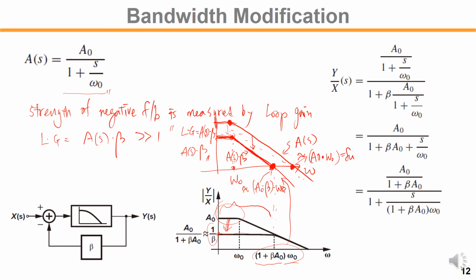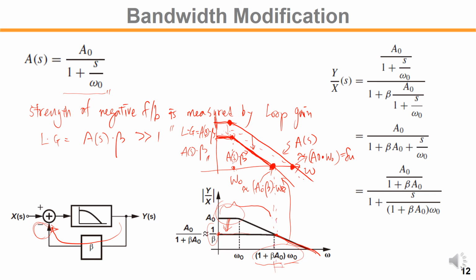This is something you have to understand: the frequency where the feedback becomes effective, right? Beyond that frequency, this critical point, the feedback property disappears, so the gain just follows the typical original amplifier gain.